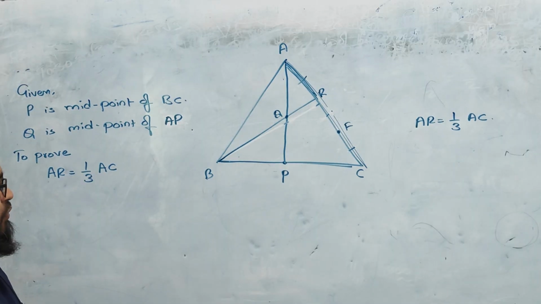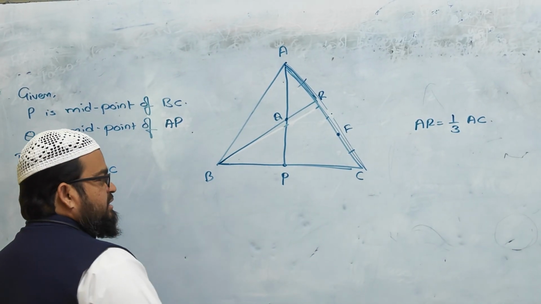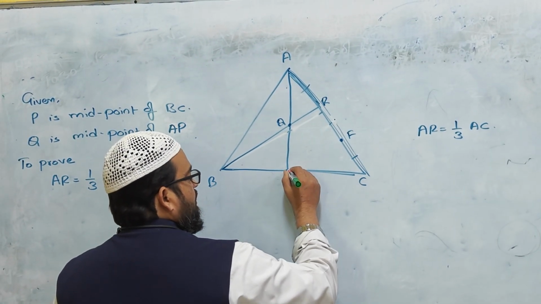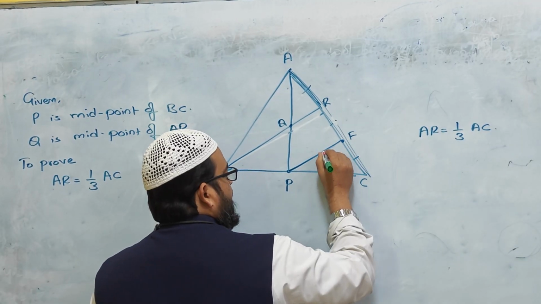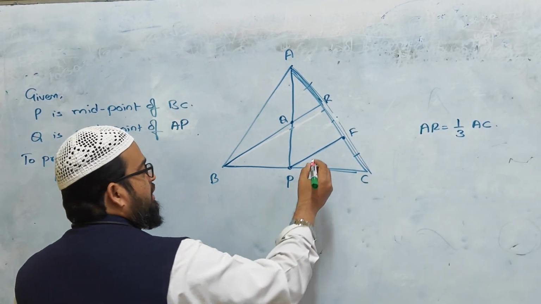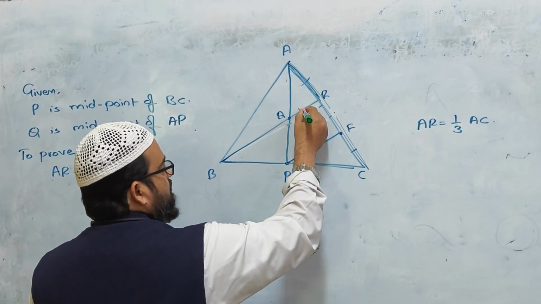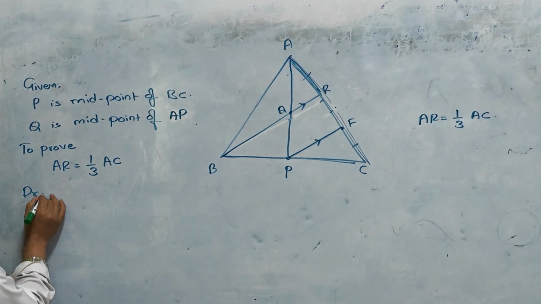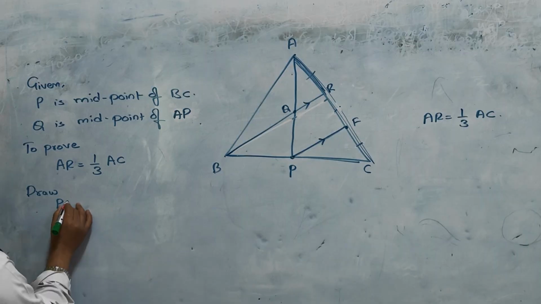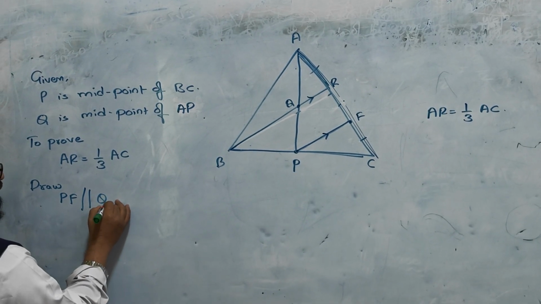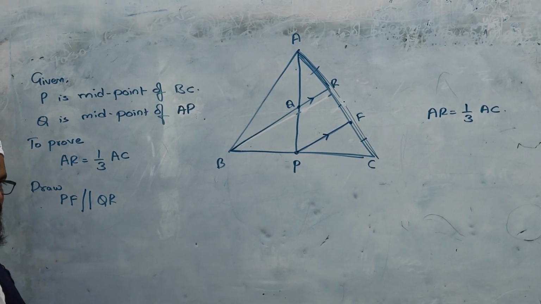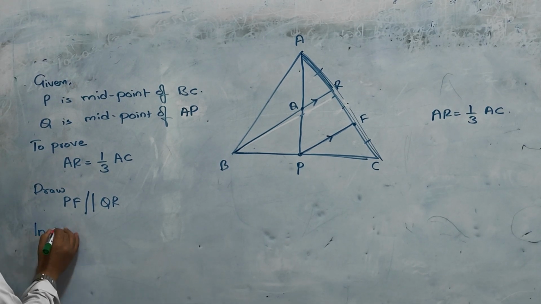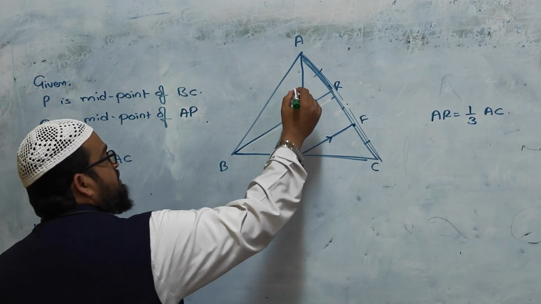So first thing what we do is let us draw PF parallel to QR. Draw PF parallel to QR. Now in triangle, what is this triangle?